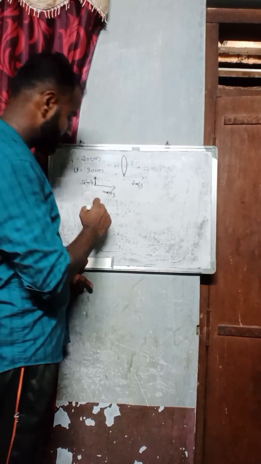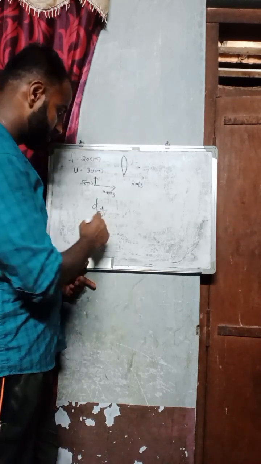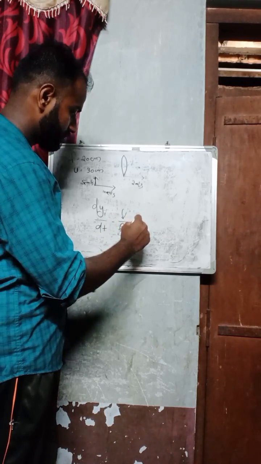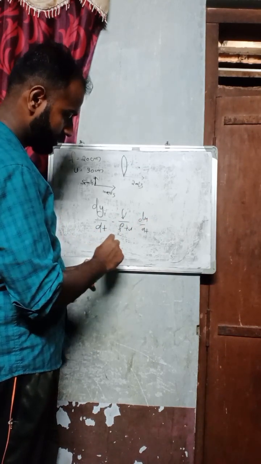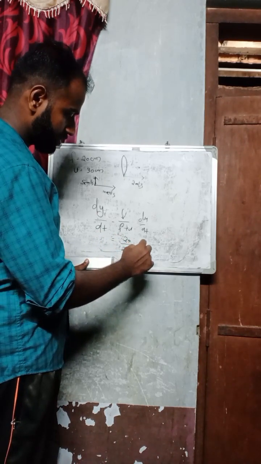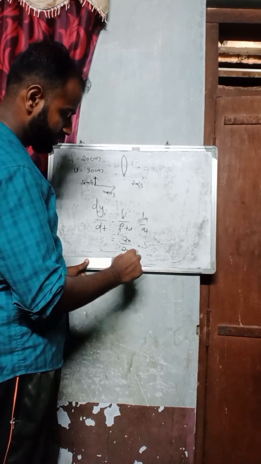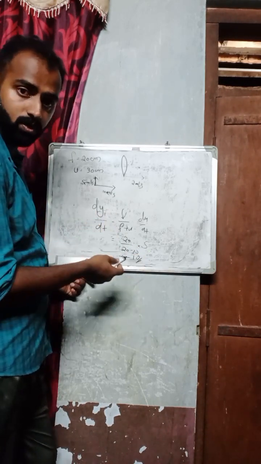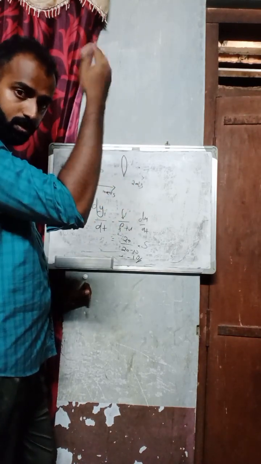So we take this equation along the y-axis. dy by dt we have to find. This is 20 divided by minus 10, which is minus 2, and dy by dt of the object is given as 5, so this is minus 10. So the image is moving opposite to the object. Suppose the object is moving up, the image will move down.